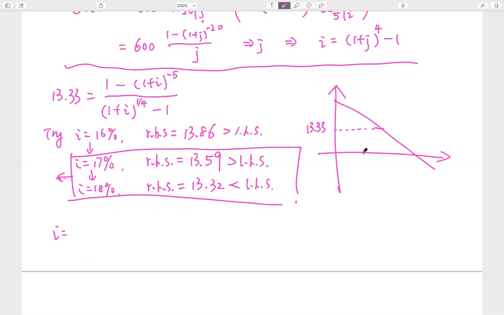Okay, so here I try 17%. I get a value which is 13.59. Okay, then I try another value, 18%, which is 13.32. Okay, now I apply a linear function to approximate this value.